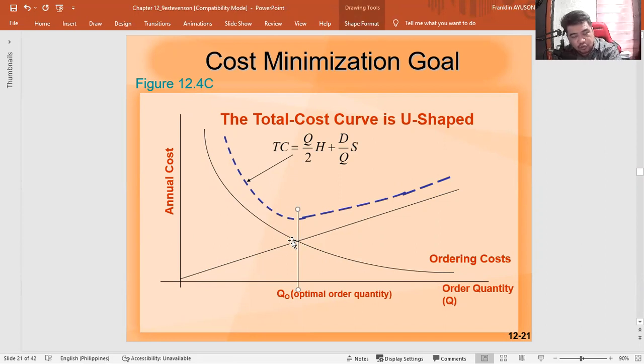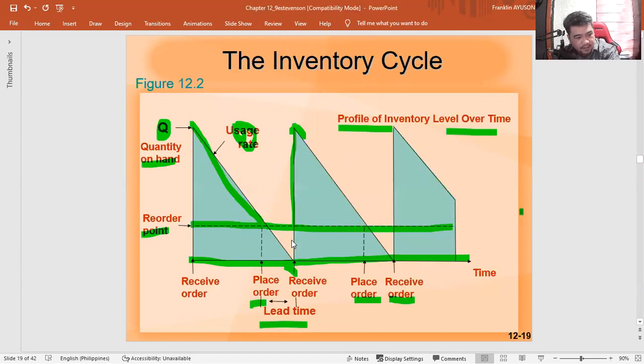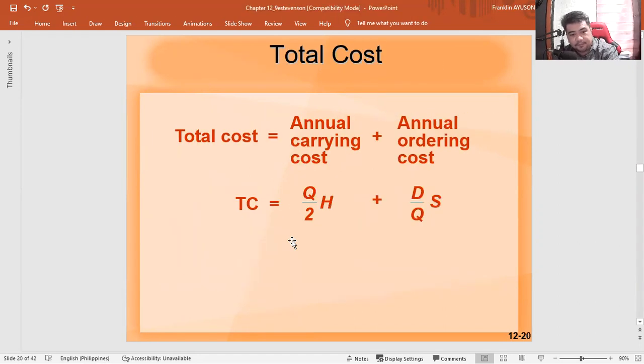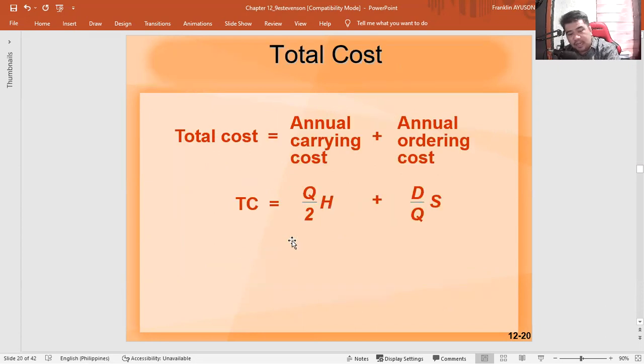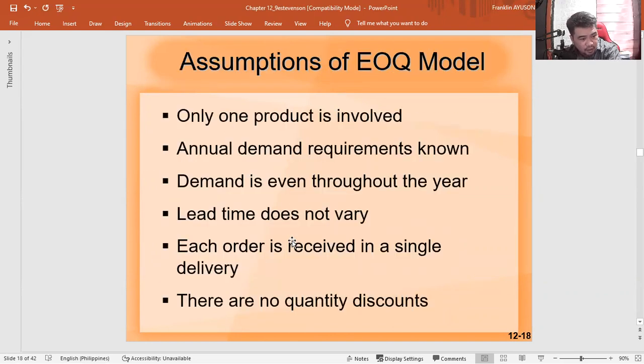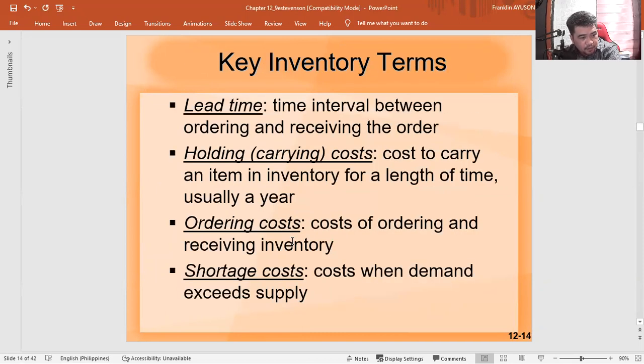That allows us to, if we go back, determine our lead time. Ayan. So again, the name of the game is always to minimize our costs. So not only in terms of our product cost, but also our annual carrying costs and our annual ordering costs. Yan. So yung annual carrying cost, siyempre, in consideration to our holding costs.